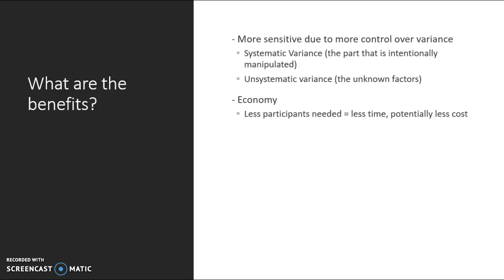You're not going to have as many participants because you're using the same participants over and over. So essentially, it's going to be less time in gathering participants and potentially less cost if you're, say, giving your participants a financial benefit to participating in your study.